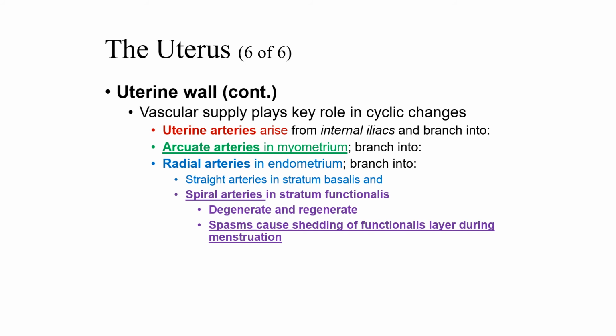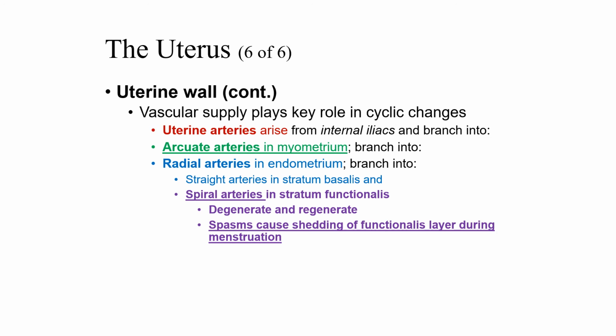The straight arteries are going to be found in the stratum basalis, or the basal layer, and the spiral arteries are found in the functional layer. The spiral arteries are going to arise during the proliferation stage, and if implantation does not take place, then they will degenerate and spasm.